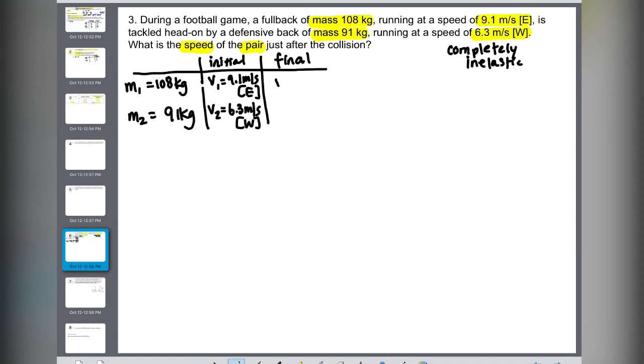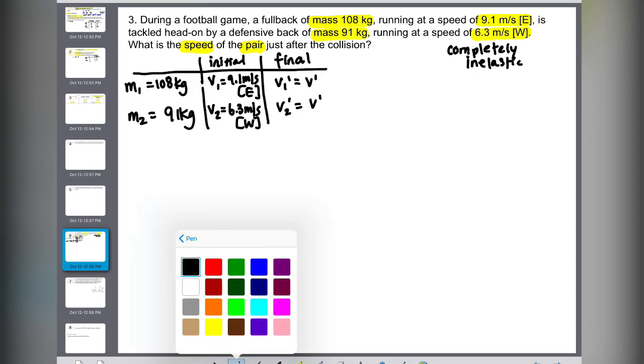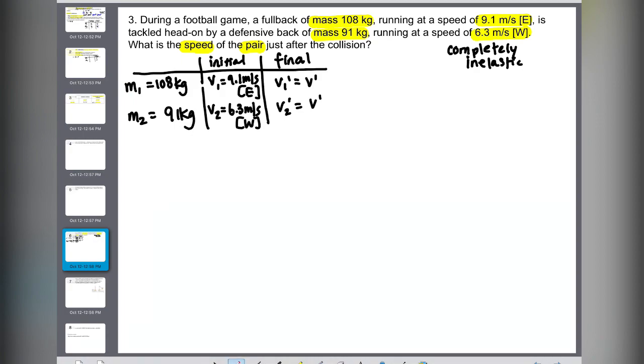They're asking for the speed. The final speeds, I don't know what they are, but what I do know is that they are the same. So change one direction to match the other. It doesn't matter if you want to go east or west, you can decide, because whatever answer you get is in whatever direction you assume, just like projectile motion or kinematics. I'm going to assume east to be positive, so I'm going to change the west into a negative east.